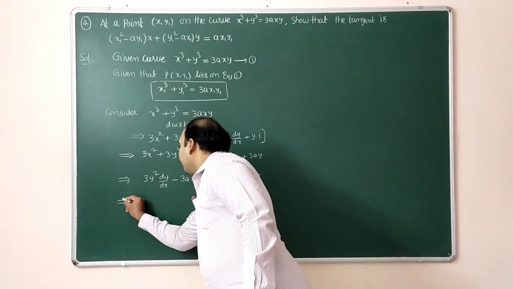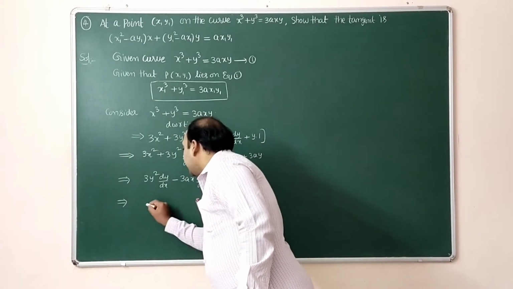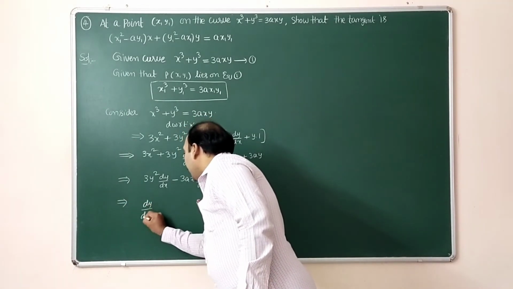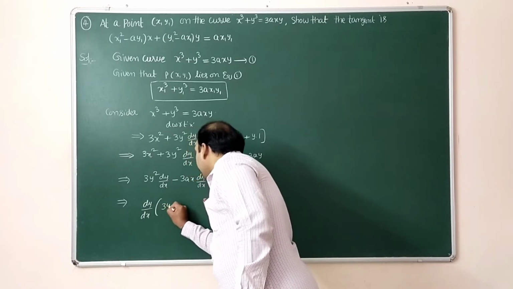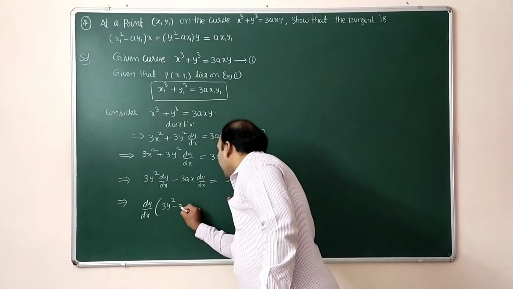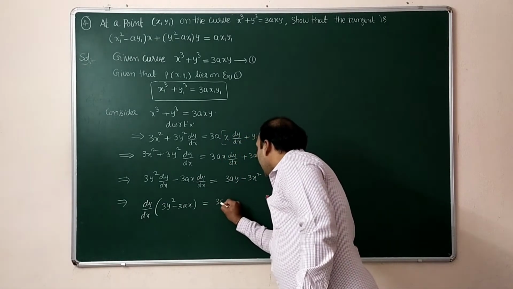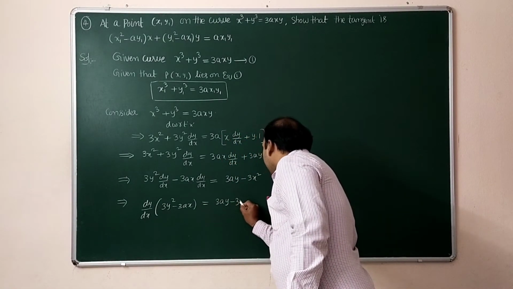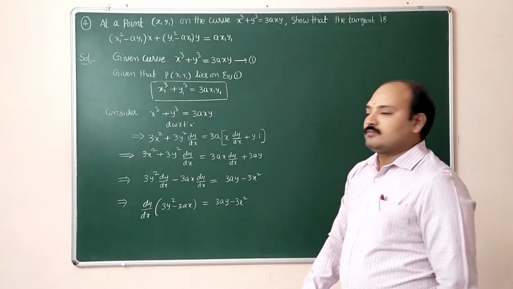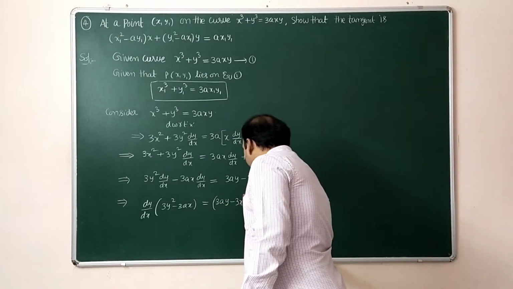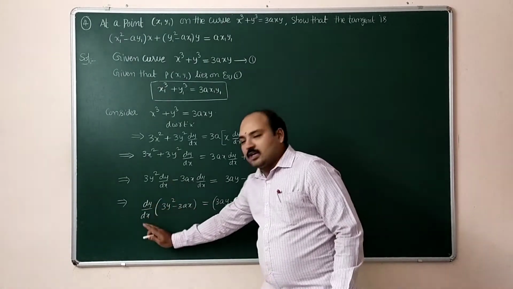Now take dy by dx common here. dy by dx into (3y square minus 3ax) is equal to 3ay minus 3x square. But I want dy by dx, so make it the subject.